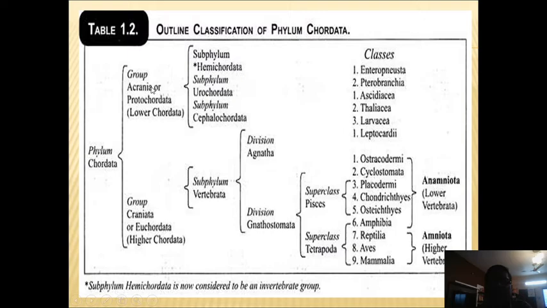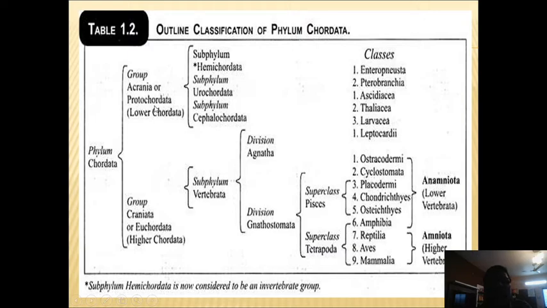These higher chordates are also known as vertebrates. Protos means primitive, so protochordates are the lower or primitive chordates.